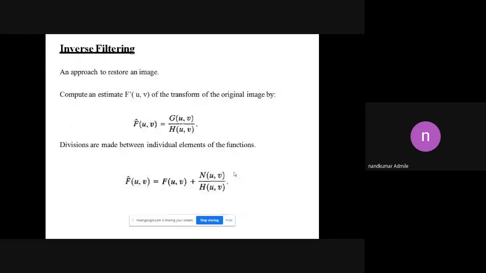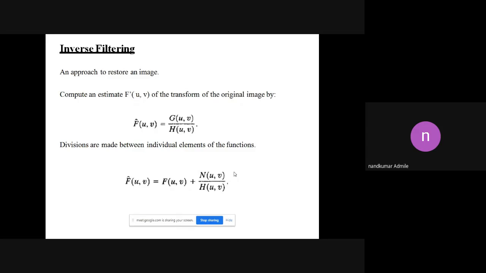The next point: when we use the degradation model, we have to use the filtering element. In the filtering element, we have to use two types of filter, that is the inverse filter and the Wiener filter.